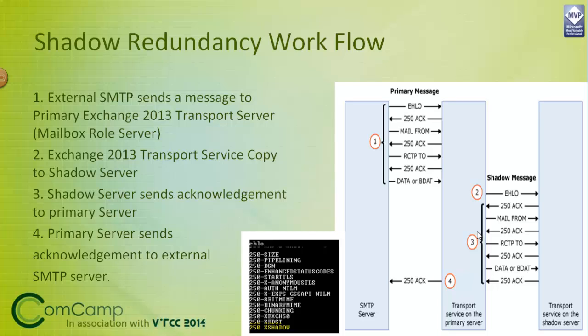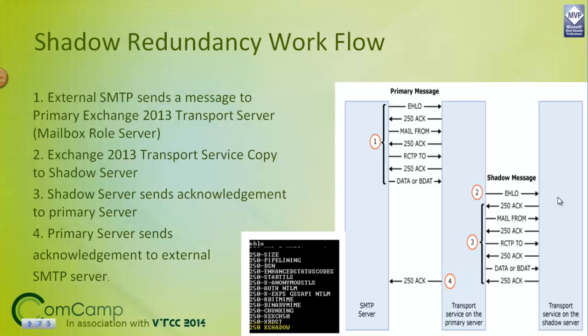At point number 4, the primary server is sending the acknowledgement back to the external SMTP. So you can see shadow redundancy delays the acknowledgement of receiving the message, and it does not give the acknowledgement until it makes a copy of the shadow message.